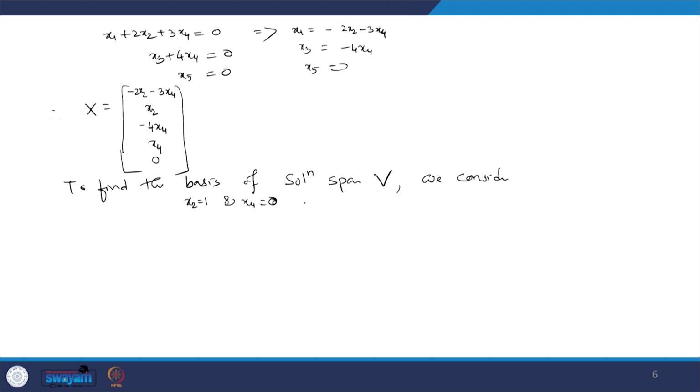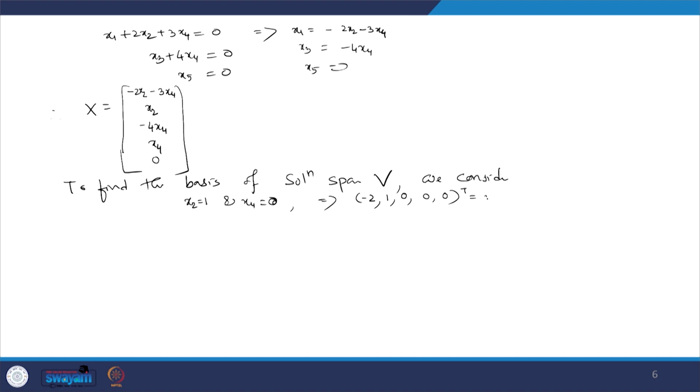So, this means that x1 will be minus 2, then x2 is equal to 1, x3 is equal to minus 4 x4, so it should be 0, and x4 and x5 are 0 and 0. This is the transpose. So, this is one solution.